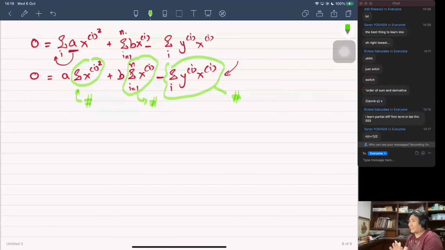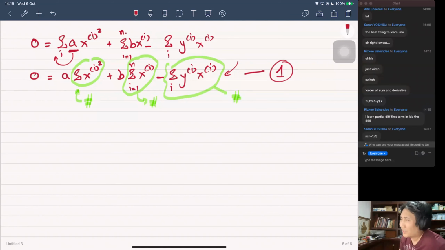Even though it looks scary, this equation is exactly the same thing as like 5a plus 3b minus 2. It looks scary with a whole bunch of sums, but the sum is just the sum. You know the numbers already, so there's nothing to do. You just sum it up and it's a number. So that's one of them. Let's call this number 1.